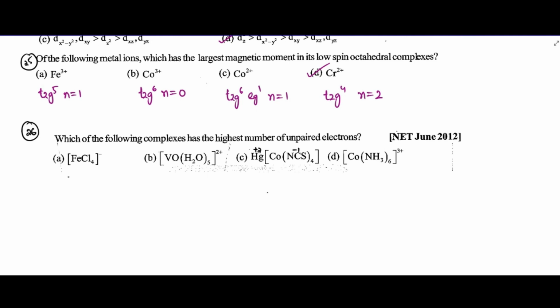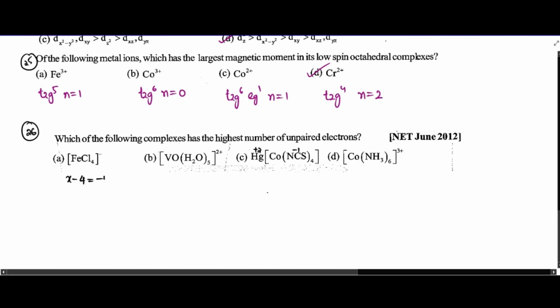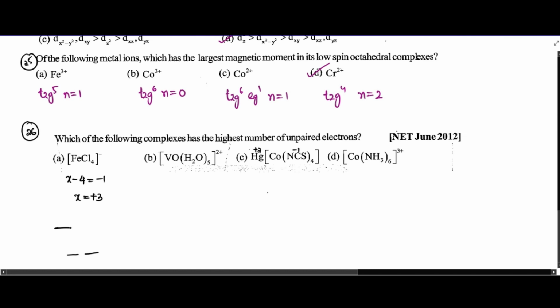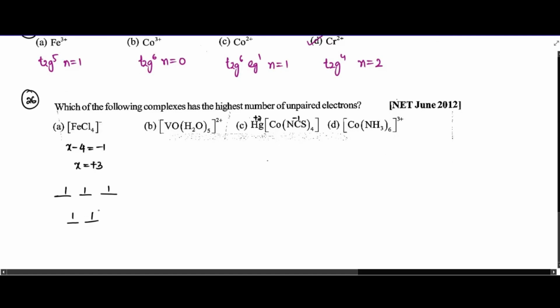So here x - 4 is equal to -1, x is equal to +3. What is the geometry? There are 4 ligands, so it will be tetrahedral geometry. E at the bottom, T2 above, iron is +3. So 1, 2, 3, 4, 5. n is equal to 5.